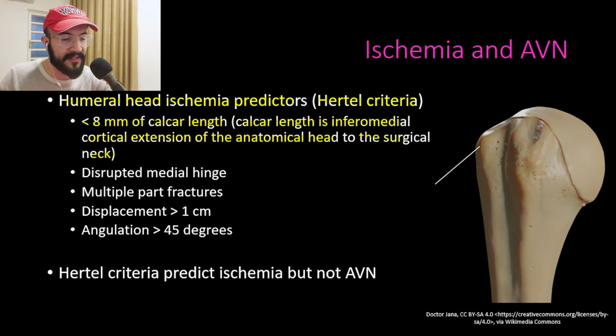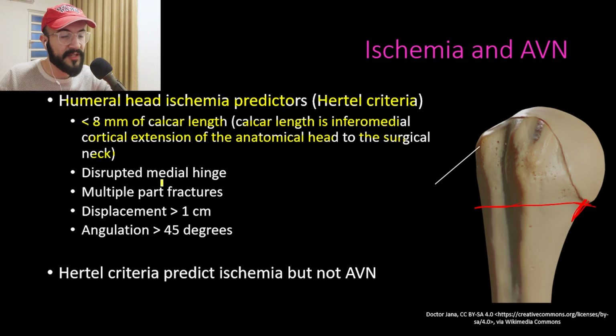So as you can see in this picture here, if the inferomedial cortical extension, which you can see right here, is less than 8 millimeters, then this would predict the humeral ischemia. So if, let's say, we had a fracture here, and it would cut the cortical extension of the humeral head, so the calcar length is less than 8 millimeters, this would predict the ischemia of the humeral head.